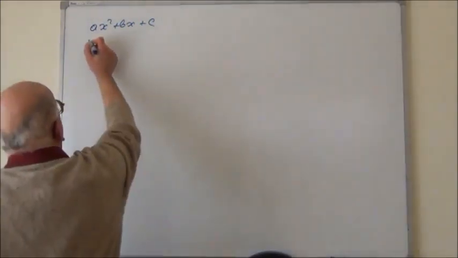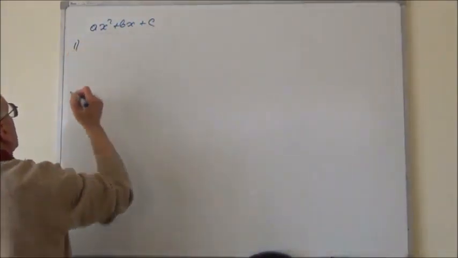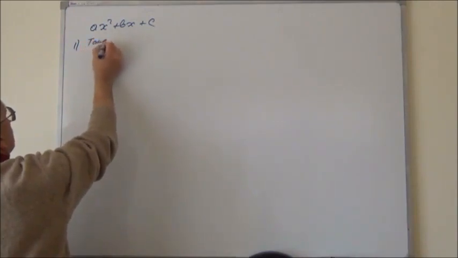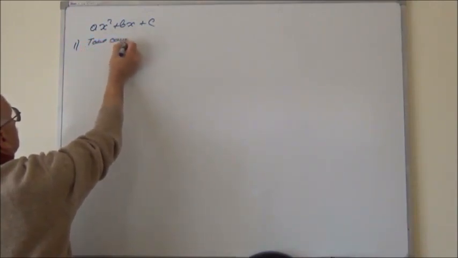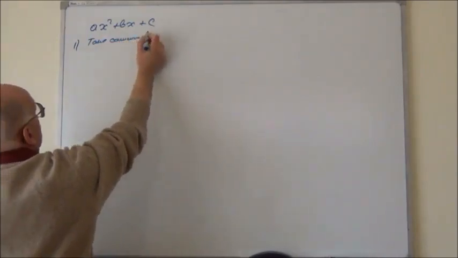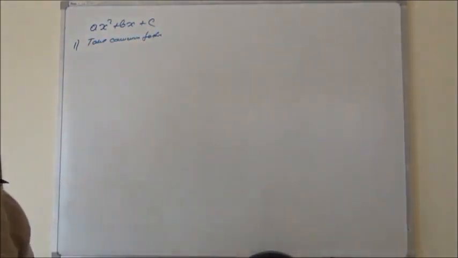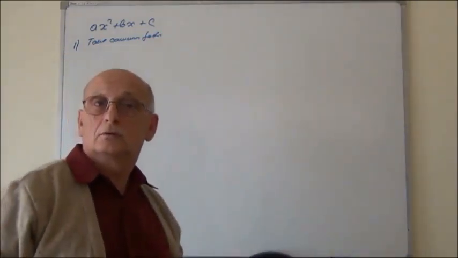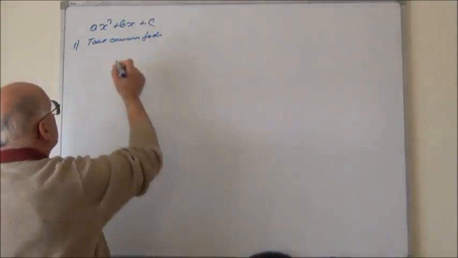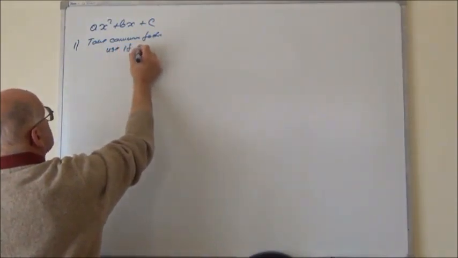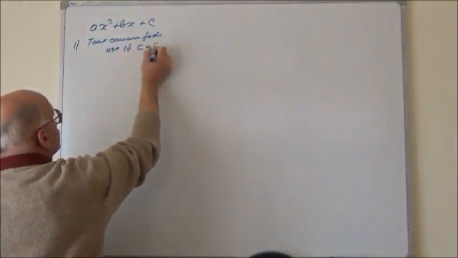So, the first method will be to take a common factor, and that method can be used if c equals 0.